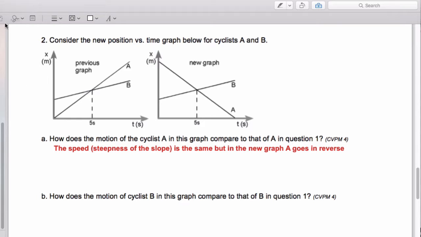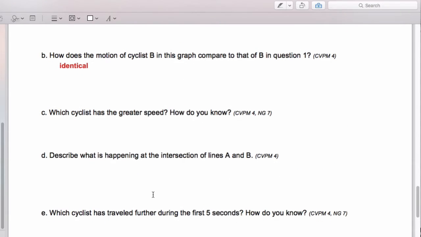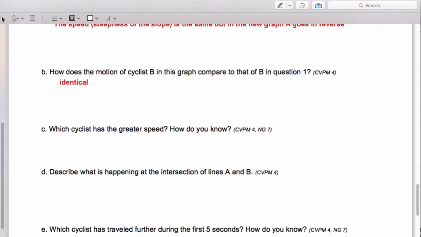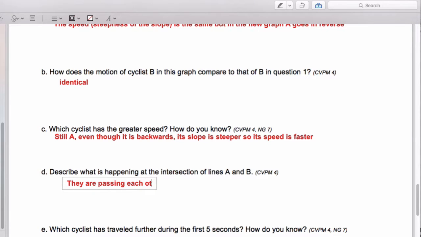Now, what's nice is in this next question, absolutely identical. All right. For C, which cyclist has the greater speed? Again, it is still, in the new graph, still A, even though it is backwards. Its slope is steeper, so its speed is faster. What's happening at the intersections of lines A and B? Same thing as in the first graph. They are passing each other.